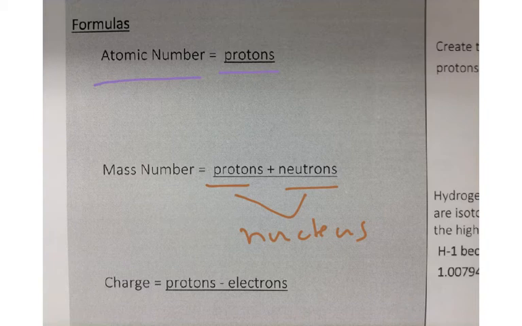You do need to memorize that your mass number, or the mass of your overall atom, is where you add your proton count plus your neutron count. Remember, electrons have very negligible mass, so we actually don't include them at all in our mass calculations. All of your mass, once again, is found in the nucleus.